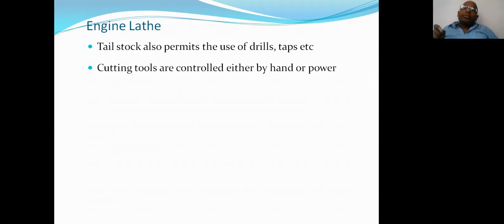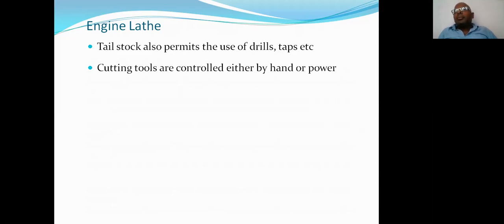Here we should observe that drilling is carried out on a lathe machine only if the drill location is exactly at the center. If the required hole is at an eccentric position from the center of the axis, it is not possible to make the drilling operation or to provide holes on that component.